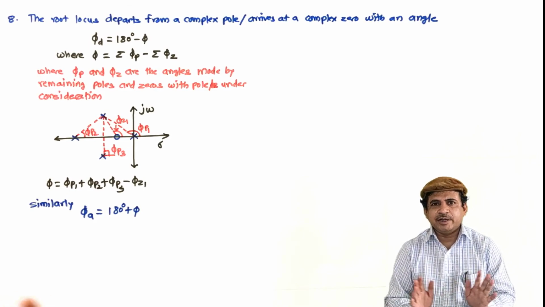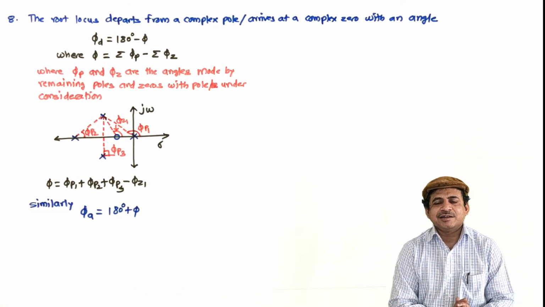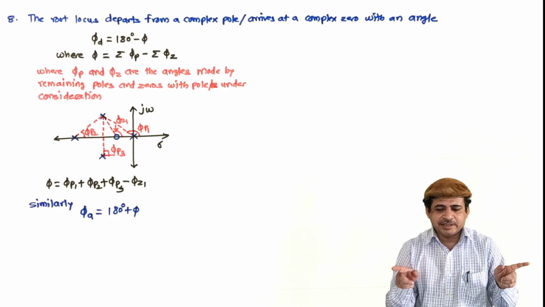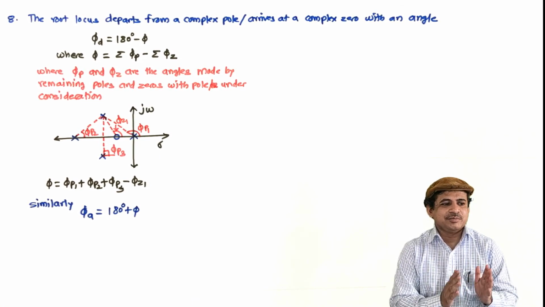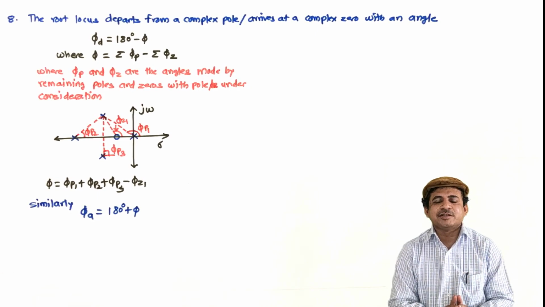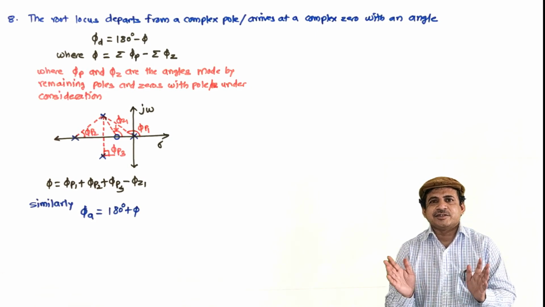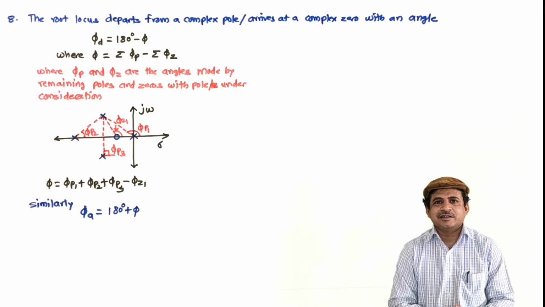So these are all 8 properties we have covered so far in this lecture. By using these 8 properties, we will form the procedure to sketch the root locus. By making use of these properties, the root locus can be sketched. That we will see in the next lecture. Thank you.